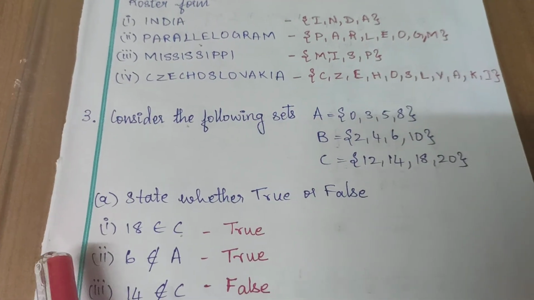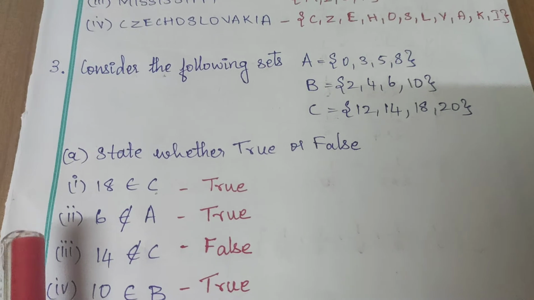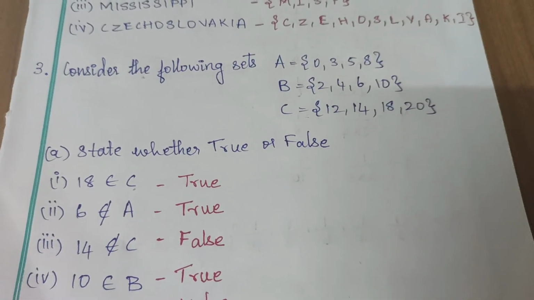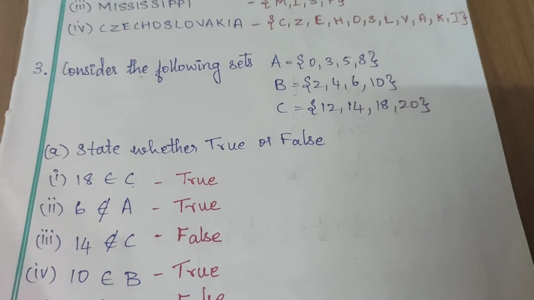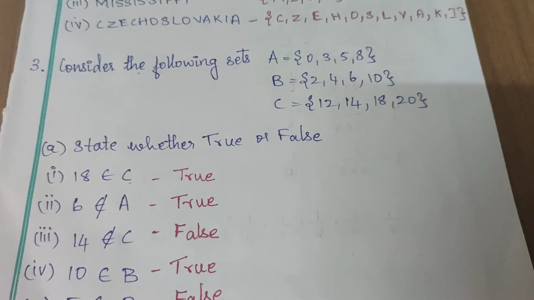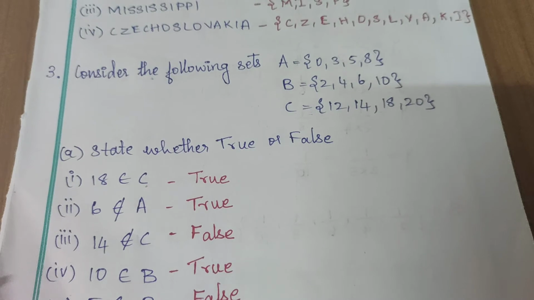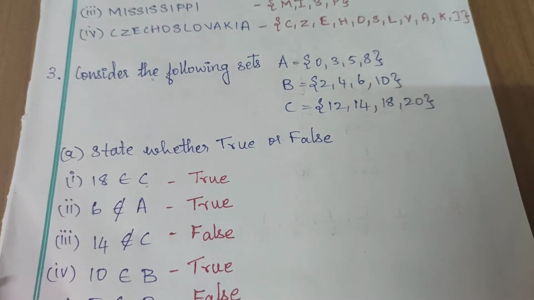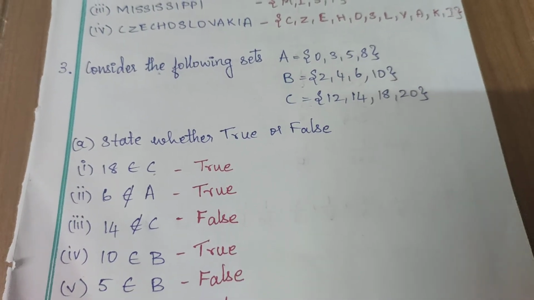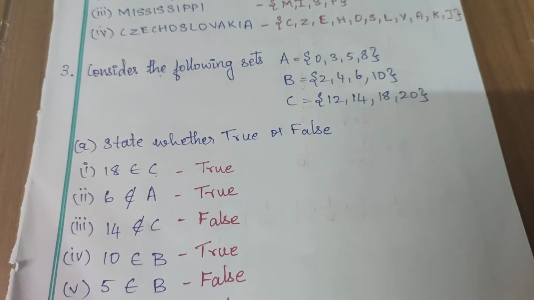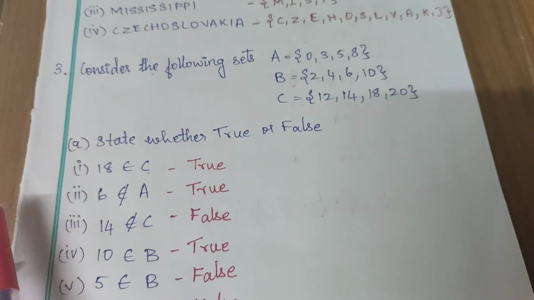Now let's go to the third one, which is: consider the following sets: A equal to the set of 0, 3, 5, 8, and set B equal to 2, 4, 6, 10. C is equal to the set of 12, 14, 18, 20.